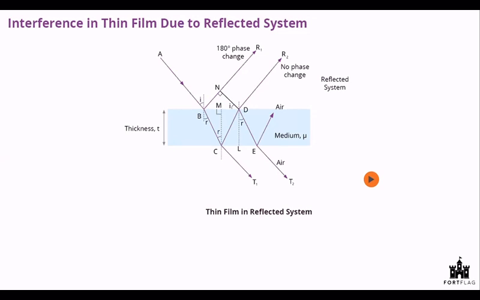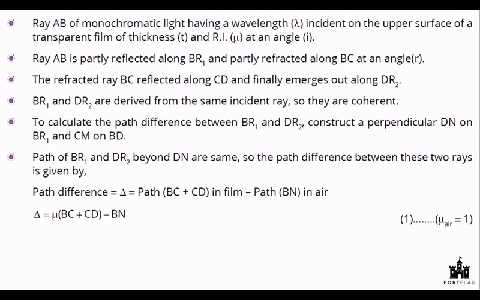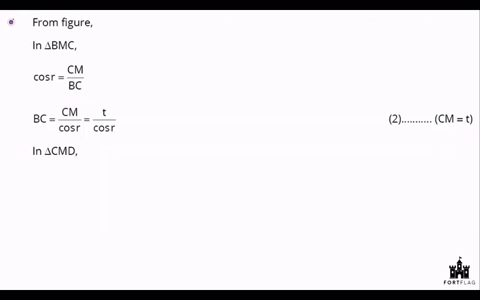So the path difference between R1 and R2 will be the path travelled in the film minus the path BN. So delta, the path difference, is equal to mu times (CD plus BC) minus BN.